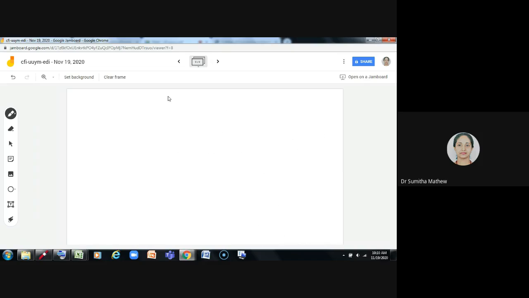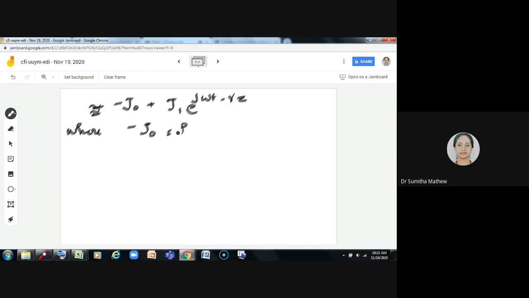Now, this is approximately equal to minus j naught plus j1 e raised to j omega t minus gamma z, according to our equation we had written earlier for current density, where minus j naught is equal to rho naught v naught, j1 equals v naught rho 1 plus v1 rho naught, and rho 1 v1 is approximately equal to 0.